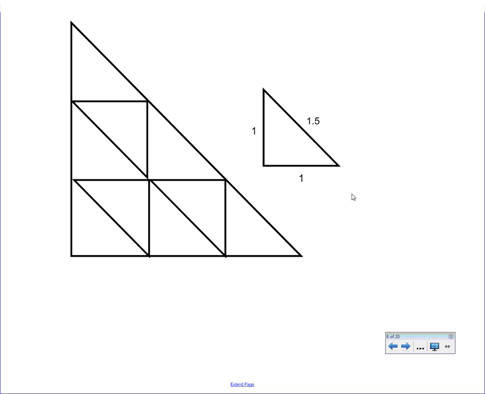Let's say scale factor equals 3. Now, what does that do to my perimeter? Well, let's find out. If this short side on the small triangle is 1, then this is a 1, this is a 1, and this is a 1.